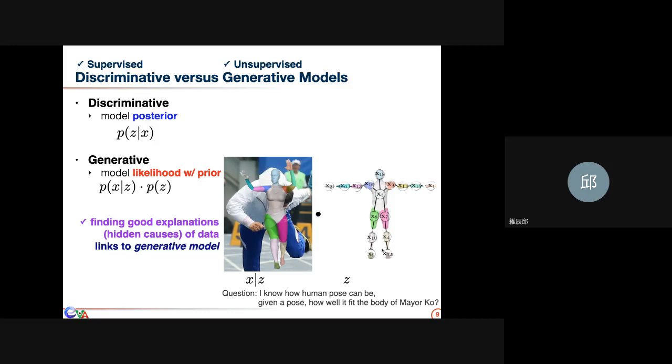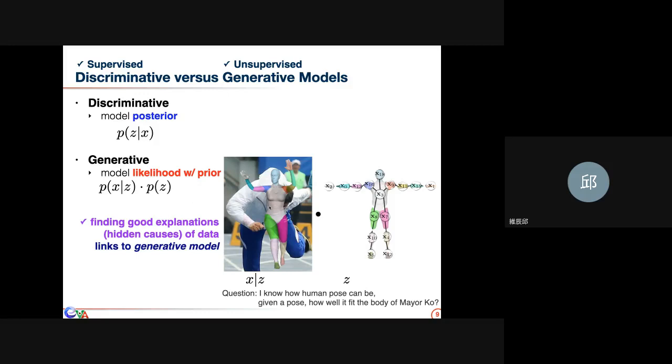For example, I know the shoulder joint, the elbow joint, or the ankle joint each have their own specific range of rotation. So I put this prior knowledge into my prior. The prior here models the knowledge you already have about, for example, the human pose. So we have P of Z.